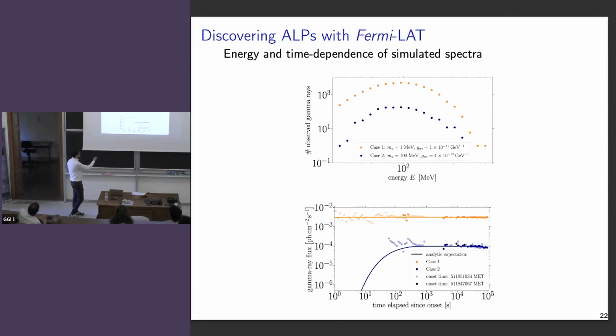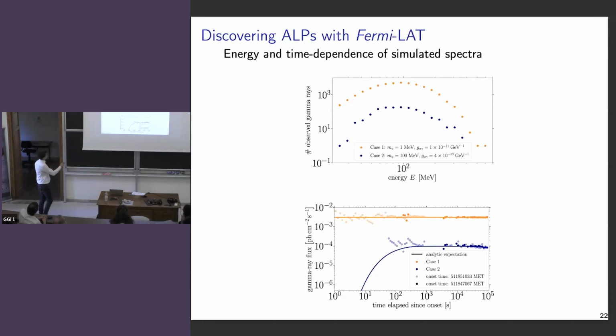In particular, I would like to stress that this scatter is related to the Poissonian nature of the signal detected by Fermi-LAT. The interesting thing is that in case of more massive ALPs, the onset of the signal is delayed since axions take more time to get out of the supernova. But when the signal starts to be detected, essentially there is no time dependence, so it is almost flat.